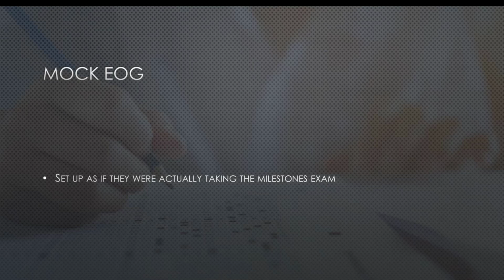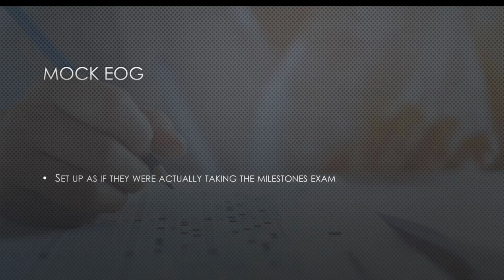Now, this one we always try to do is just give the students a mock EOG. When they come into class, we basically try to set up the assessment to mimic what we would think the EOG is like as much as possible. It'll have all 5 standards, all 5 units on it.